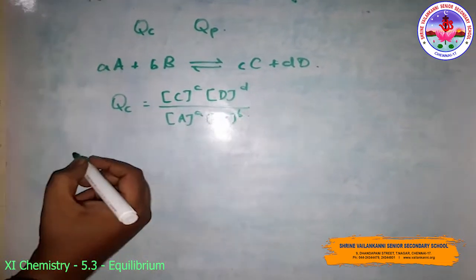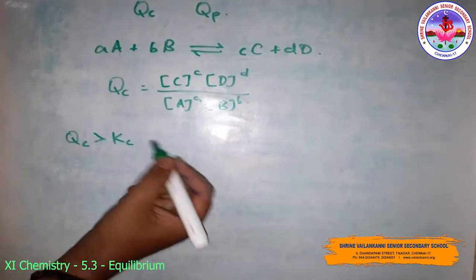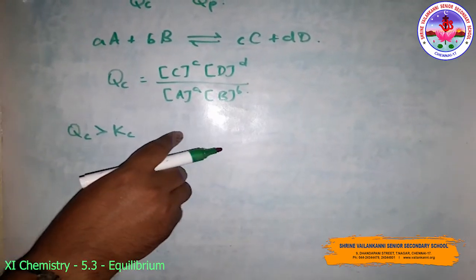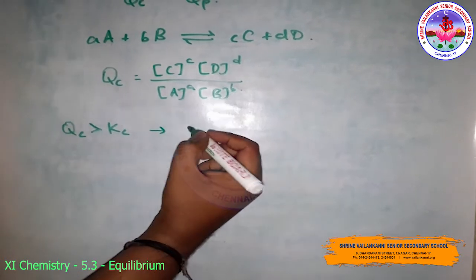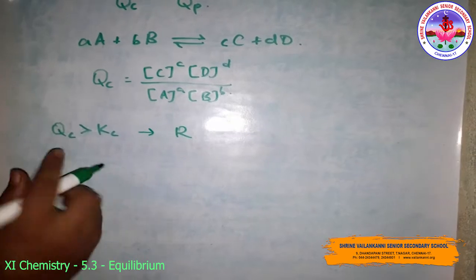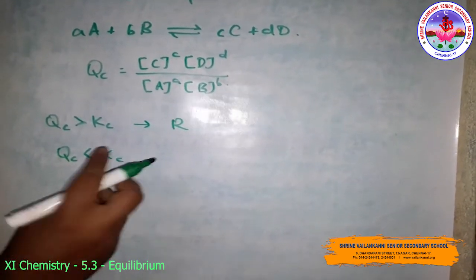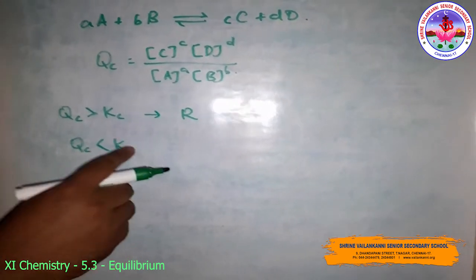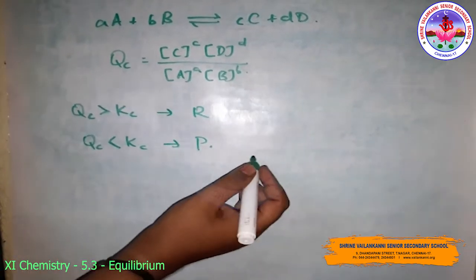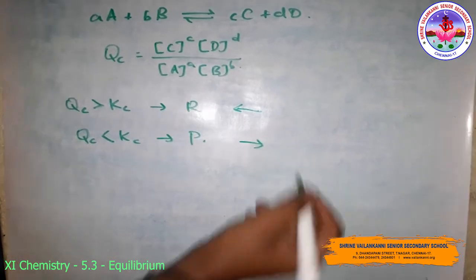If Qc is greater than Kc, the reaction will proceed in the direction of the reactants, that means the reverse reaction. If Qc is less than Kc, the reaction will proceed in the direction of products. So this is the forward reaction.